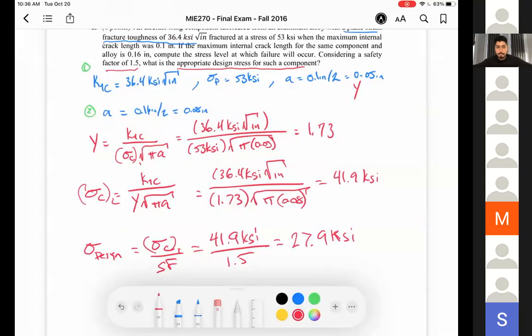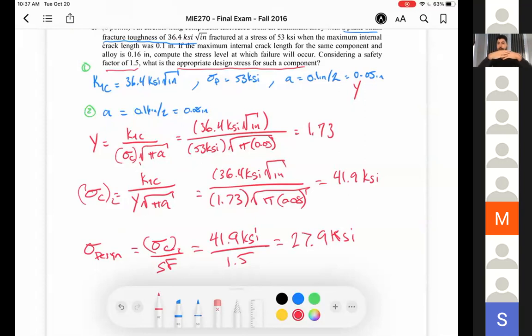I just have a question. Should we always divide by the safety factor? I think I asked you this last week. Yeah, I was getting a lot of emails about this. When you're using a safety factor, you have to think back to what you want to happen. I got an email regarding a safety factor when we're using the fatigue limit. The fatigue limit is a limit at or below which there are an infinite number of cycles to failure.